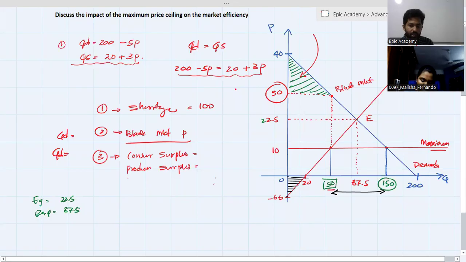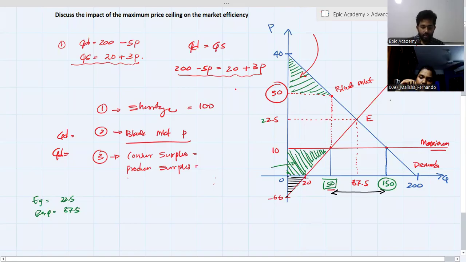So after enforcing maximum prices, producer surplus is here. This one is consumer surplus, this one is producer surplus. Okay. Producer surplus also reduces by that amount, this area.